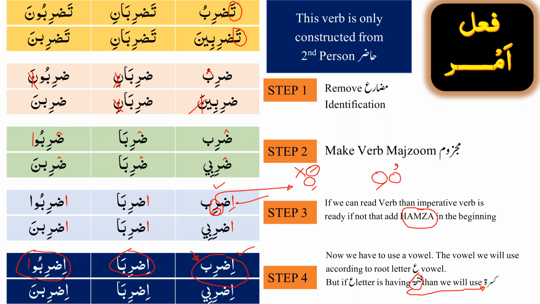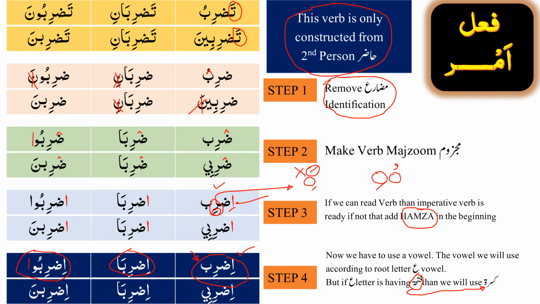So I will again repeat the steps. Step number 1: first of all, keep in mind that the Amr is always made from fail mudare and from the second person, hadir only, mukhatab. Second, remove the identification of fail mudare. What are those identifications? The ta, called alamatu mudare.